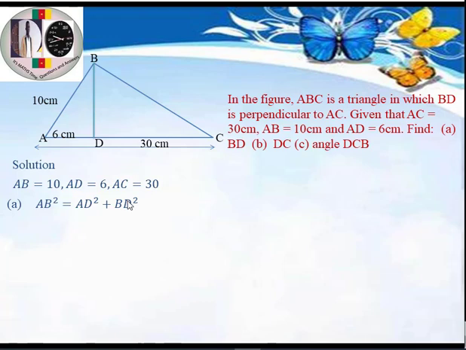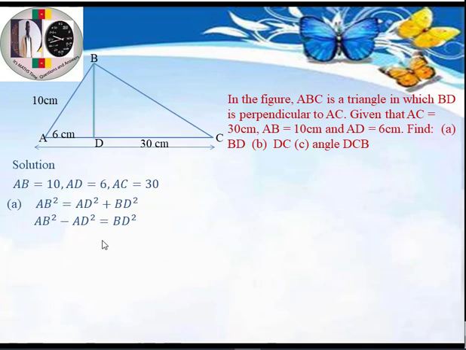So with this Pythagoras theorem, we can get BD. If we take AD squared to the other side to meet AB, we are going to have BD squared is equal to AB squared minus AD squared, because AD squared goes to the left hand side of the equation and the sign changes from positive to negative.